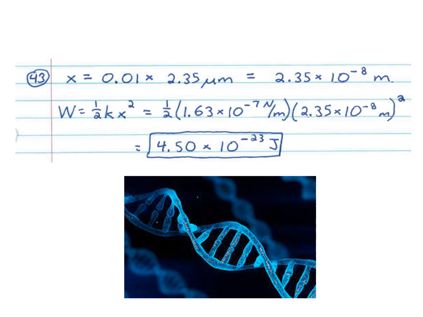Number 43 is a spring problem, but on a microscopic level. A 2.35 micrometer strand of DNA has an effective spring constant of 1.63 times 10 to the negative 7 newtons per meter. Find the work required to compress the strand so its length shrinks by 1%.